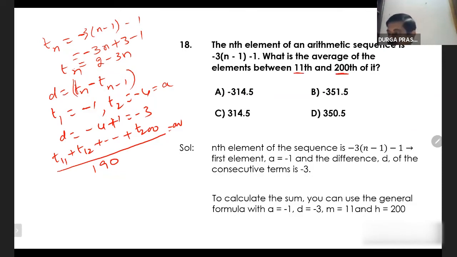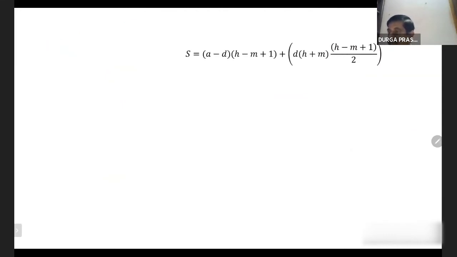This is M and this is H. The sum of 200 terms means it starts from 1 to 200, so I can write it as T1 plus T2 plus so on to T200.